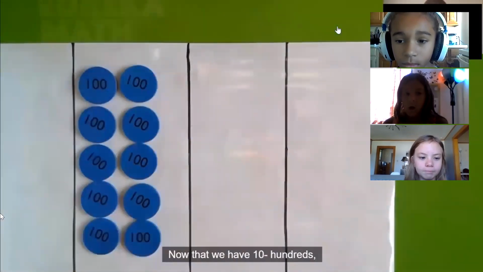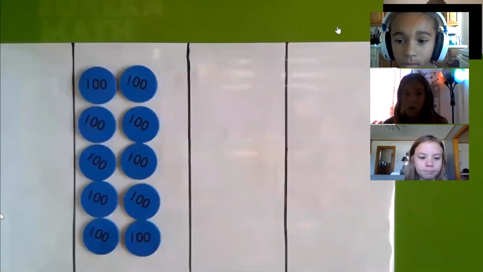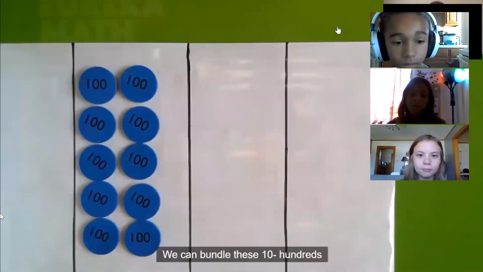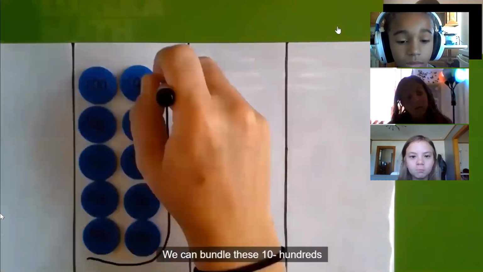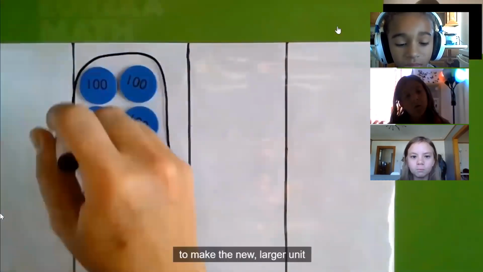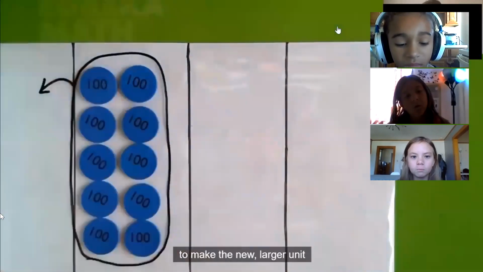Now that we have 10 hundreds, what new larger unit can we make? We can bundle these 10 hundreds to make a new larger unit of 1,000.